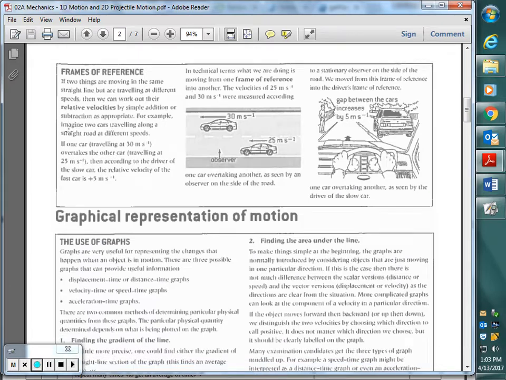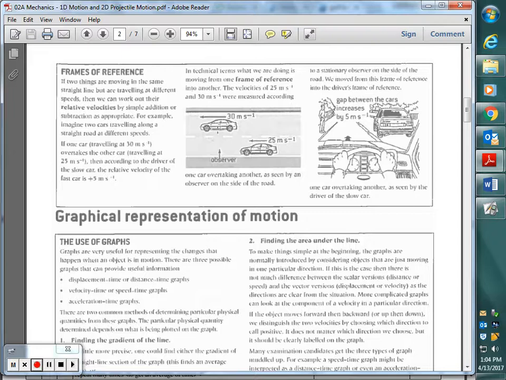All right, frames of reference. We have to decide where we're looking at things from, and that may change how we describe something, but it's not changing what happens, right? If we're on a highway, the car on the top is going 30 meters per second, the car on the bottom is going 25 meters per second.